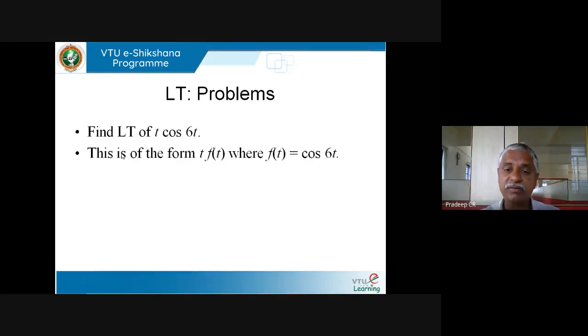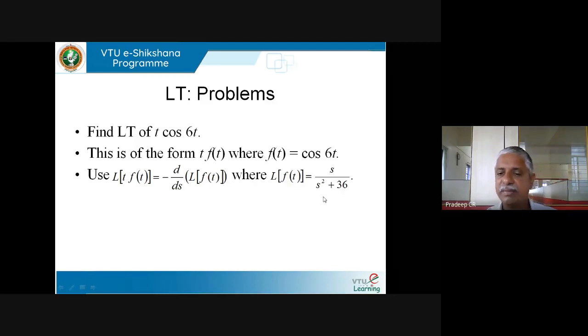So this is of the form t into f(t), and I use this formula: L of t f(t) is equal to minus d by ds of L of f(t). L of f(t) I can find very easily. f(t) is cos 6t, so this is just s by s square plus 36. Now I have to differentiate this. This is like a first PUC problem.